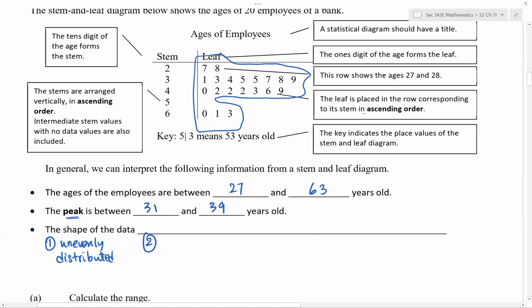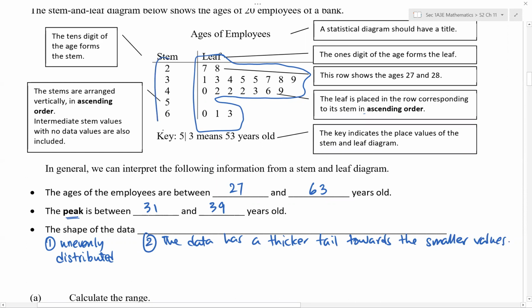The second point that we can make is that the data has a thicker tail, like the tail of an animal, towards the smaller values. So where are the smaller values?